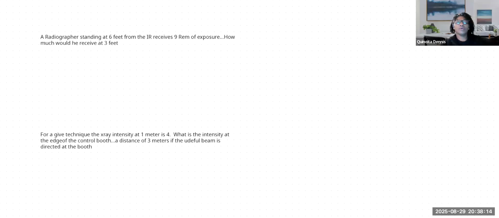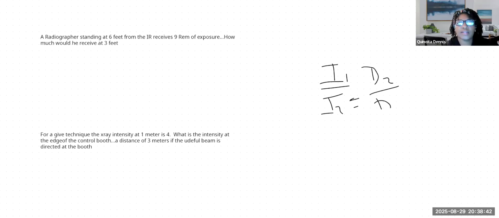All right, so the inverse square law was one of the formulas that was slated for last week. Anyone remember what that equation was? All right, so it's I1 over I2 is equal to D2 over D1, and this entire side is squared.